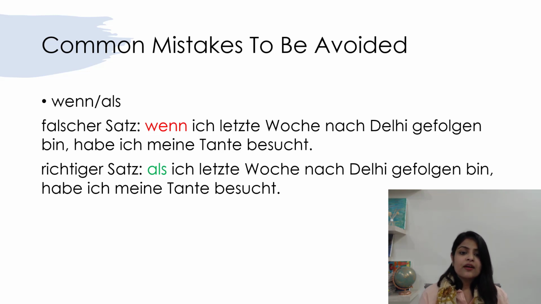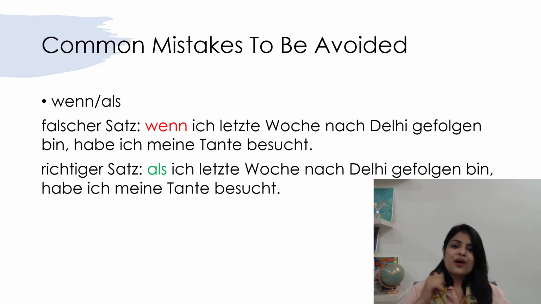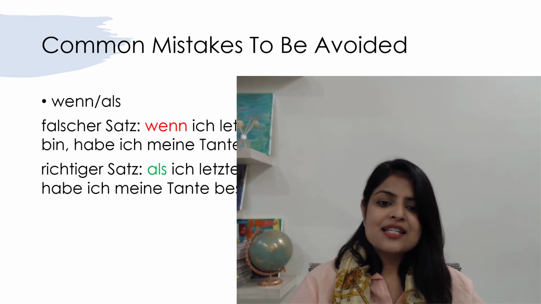For example, wenn ich letzte Woche nach Delhi geflogen bin, habe ich meine Tante besucht. Whenever you're talking about the past, you have to use als. Als ich letzte Woche nach Delhi geflogen bin, habe ich meine Tante besucht. But there is also an exception here, which you will find in this video. So you may watch it.